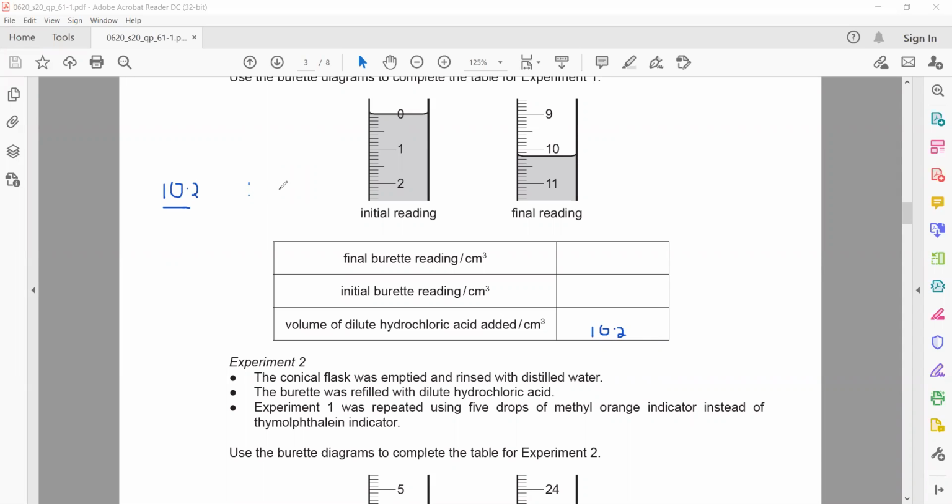Now in the third experiment, what is the volume?